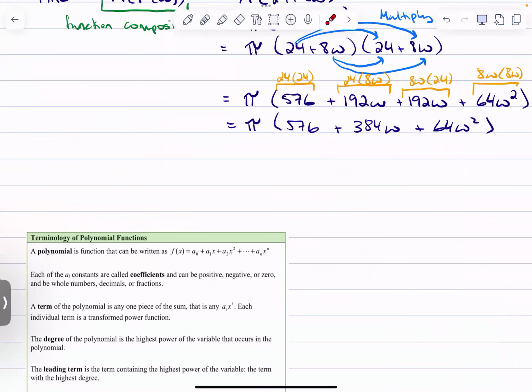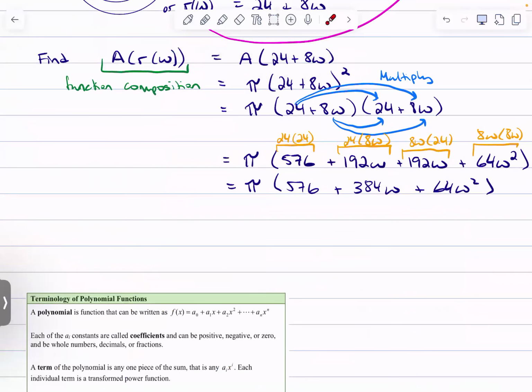Okay. So we can multiply by pi if you want to. I would say that this is easier to do a calculation with. Why? Because if I am plugging in 13 weeks later, then I don't want to do 576 times pi plus 384 times 13 times pi.